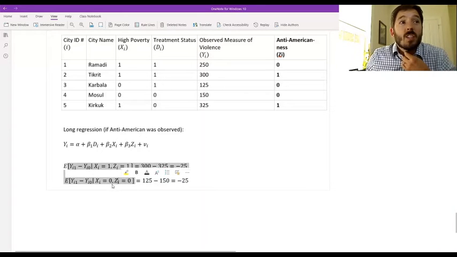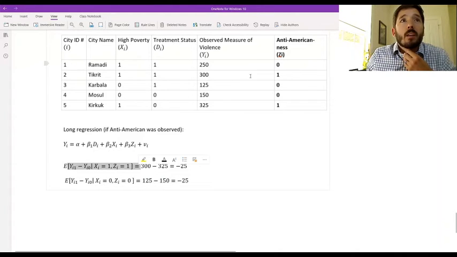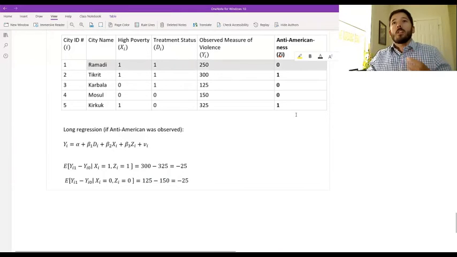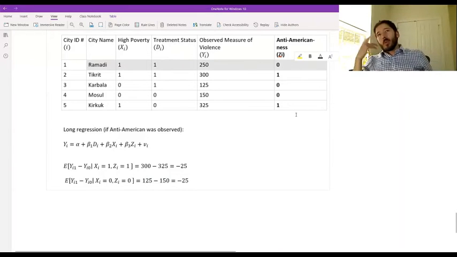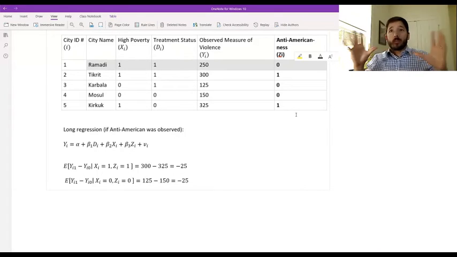Now, as I mentioned, there are two other combinations. We could look at high poverty, not anti-American, but that's only Ramadi. This is another important thing to think about: we're only getting our estimate of the causal effect from the subsample of our data set where we actually see some variation.